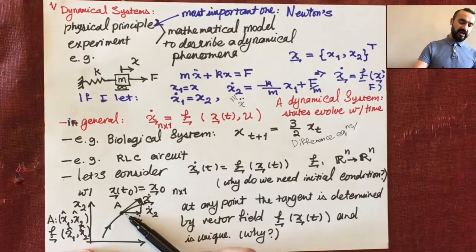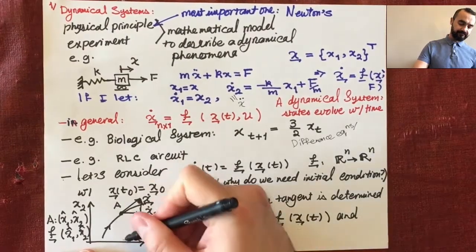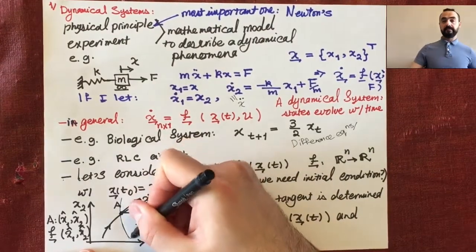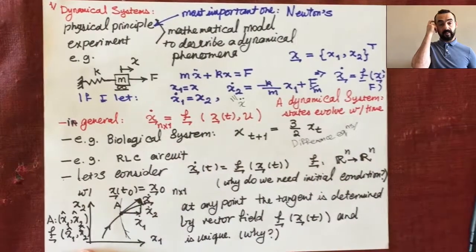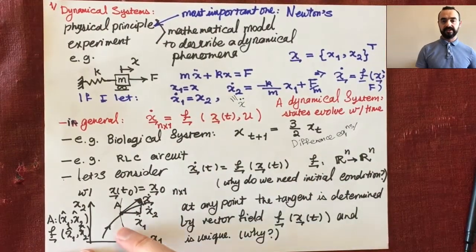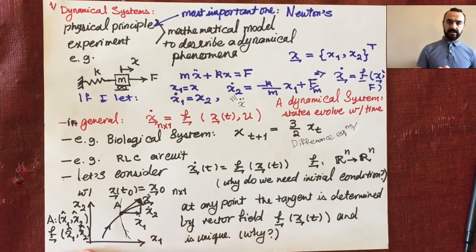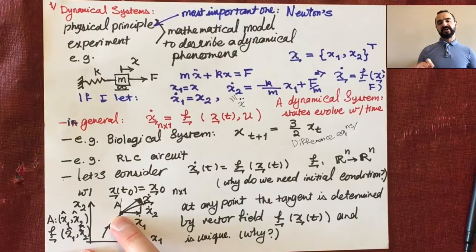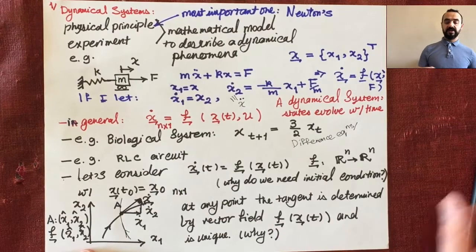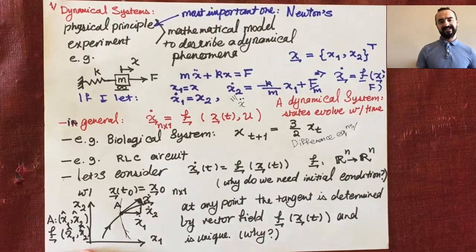For example, could I have a solution like this? We cannot have two solutions going through the same point, because then at that point we would have two tangent vectors, while our tangent vector is defined by this function and it is unique.